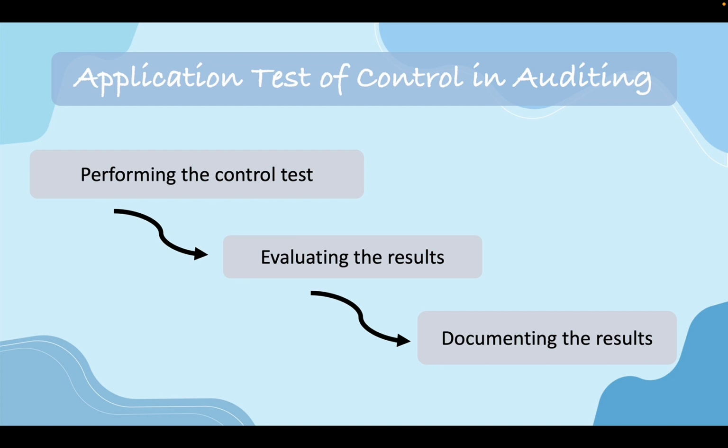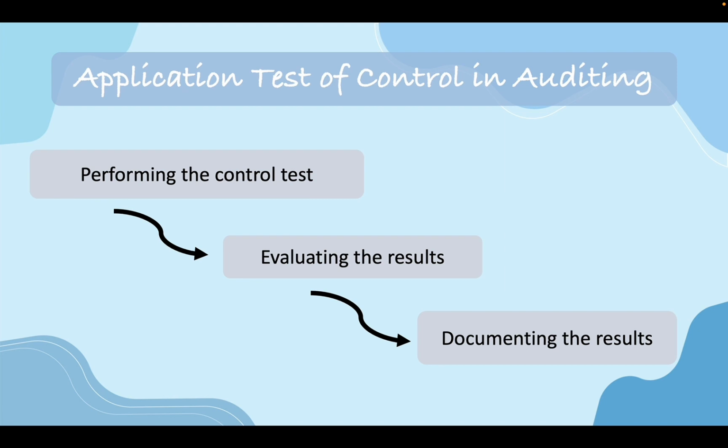After performing the test of control, auditors evaluate the result. If the control operates effectively in the sample, auditors may conclude that the control is operating effectively throughout the period. If issues are identified, auditors assess the potential impact on the financial statements.